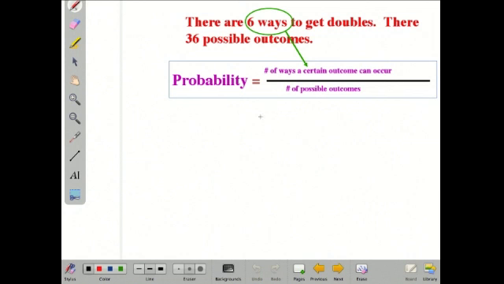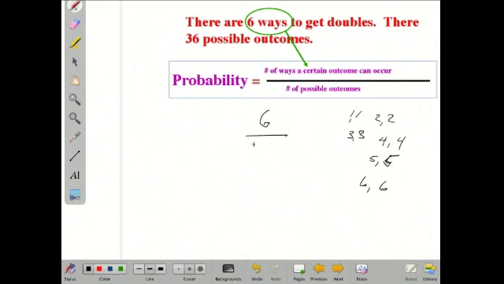Now, what we want are one of those 6 possible combinations: a 1,1, or a 2,2, or a 3,3, 4,4, 5,5, 6,6. Those are our 6 combinations that we want, anything that repeats is a double.